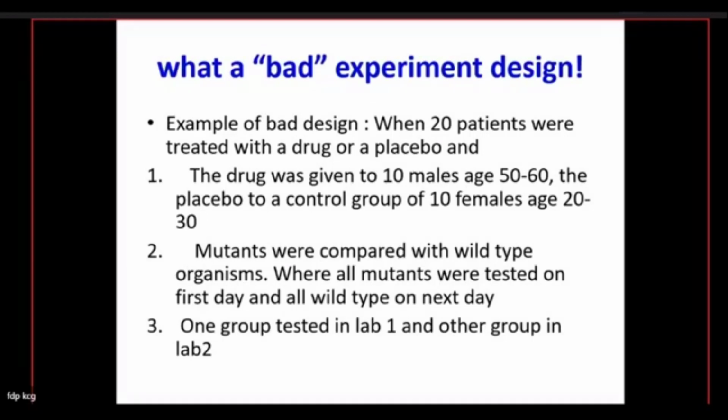So when two experiments are replicated and repeated in two different labs, and if the results are slightly different, then you have to find out that this difference is not due to your experiment, but due to the choice of two different labs.